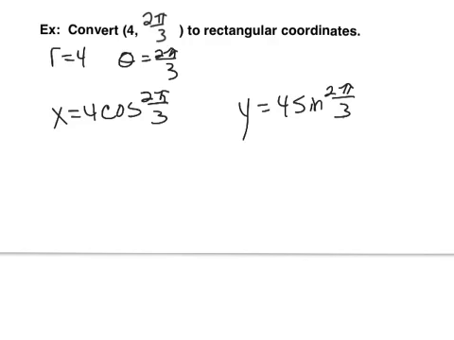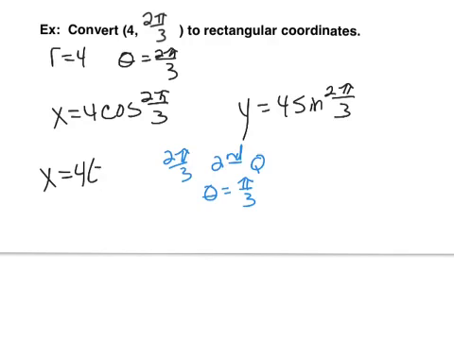2 pi over 3. This goes back to our trig unit. 2 pi over 3 is in the second quadrant, and the reference angle is pi over 3, which is 60 degrees. Cosine of 60 is 1/2. Cosine is negative in the second quadrant. So my x value is 4 times negative 1/2, which is negative 2.